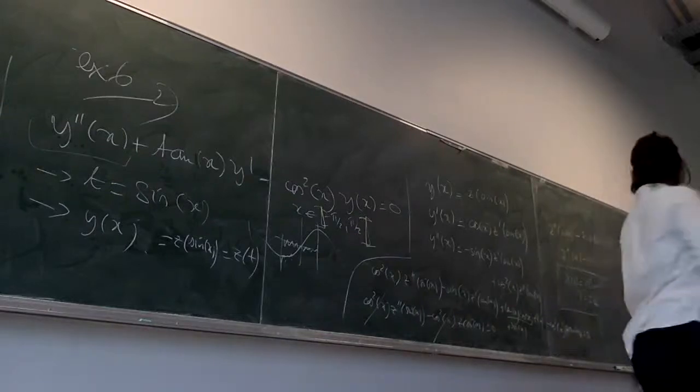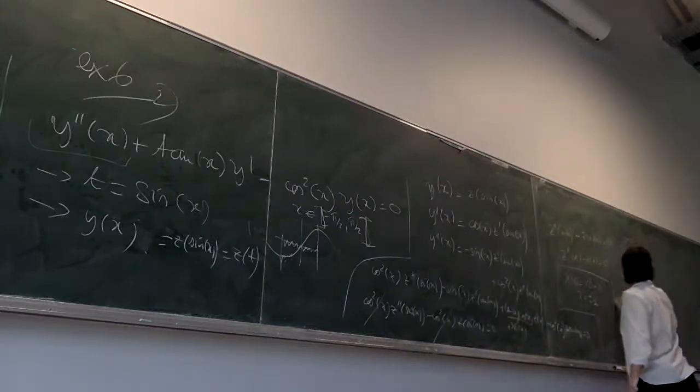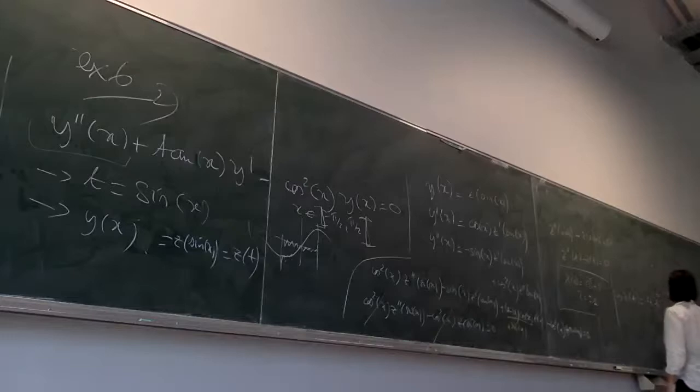So I've got those two real roots, and then I know that my solution is going to be z of t equals an arbitrary constant times exponential of t plus an arbitrary constant times exponential of minus t. And this is it.